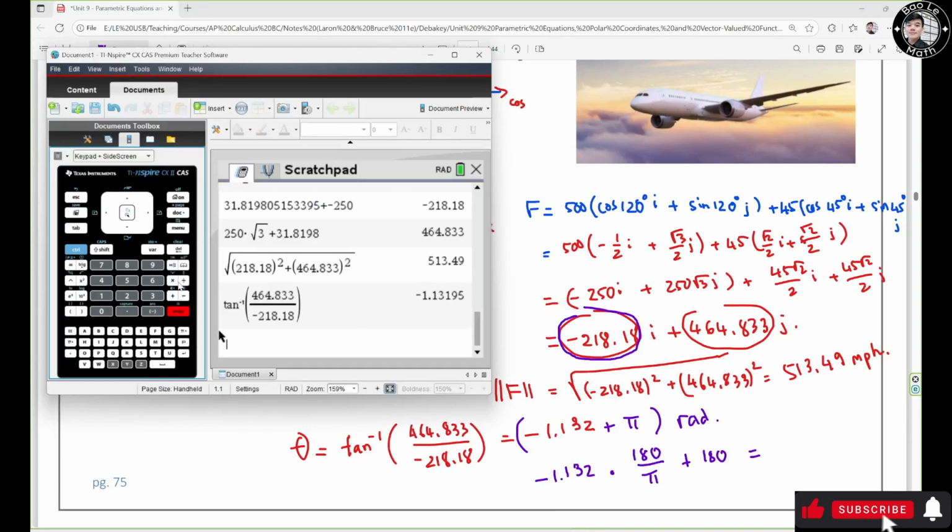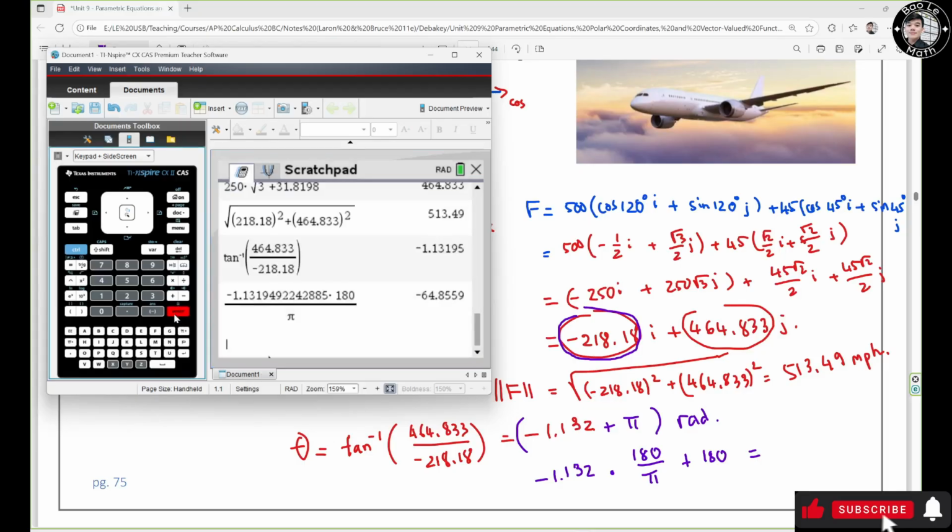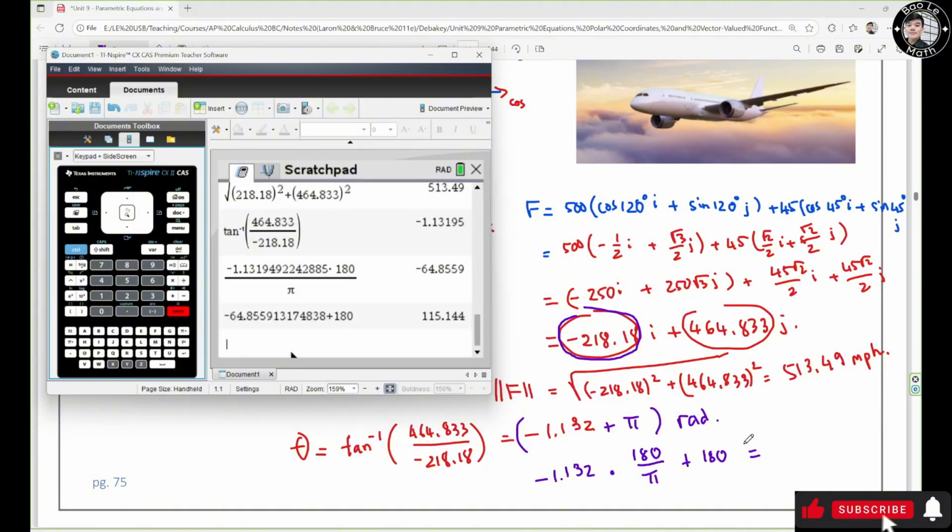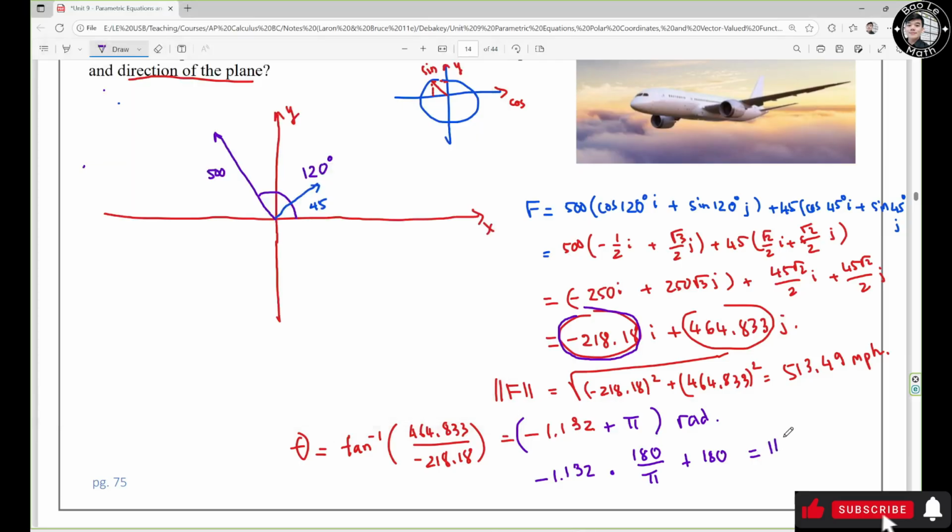I'm going to multiply by 180, and then divide by pi. Press enter. Then you need to add 180. Press enter. The answer is 115.114 degrees, right?